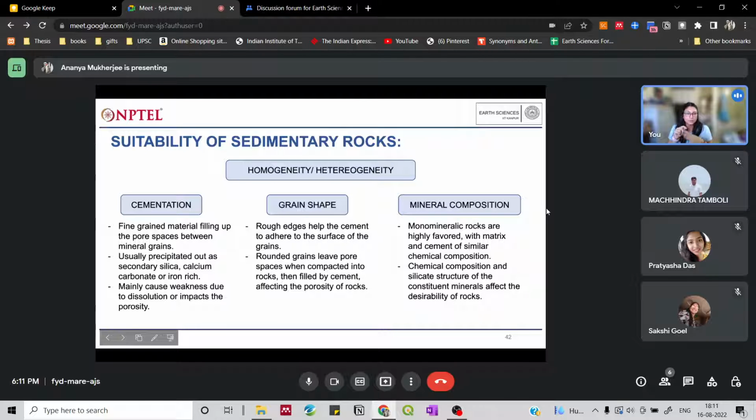So suppose you're building something and that area is prone to water seepage, or the thing that you're building is possibly a dam, where there would be a constant presence of water.